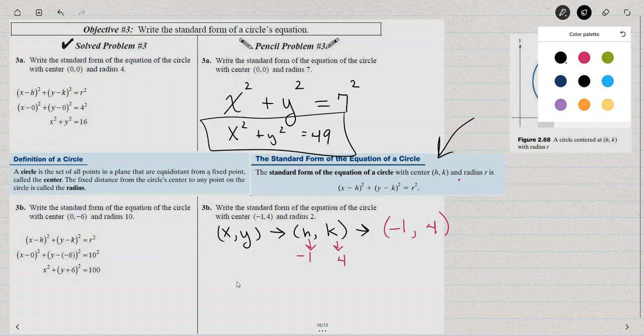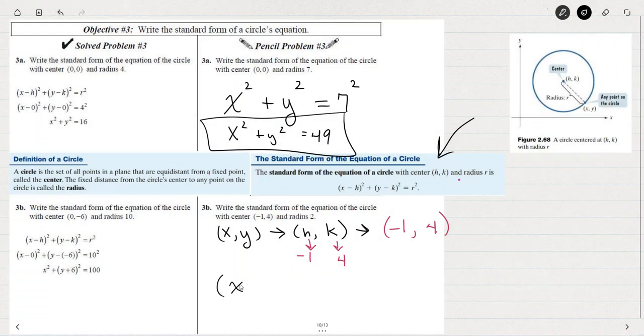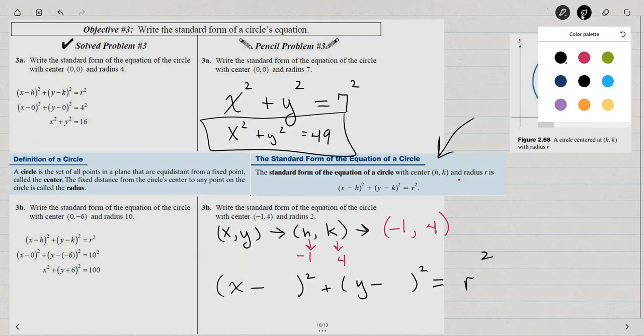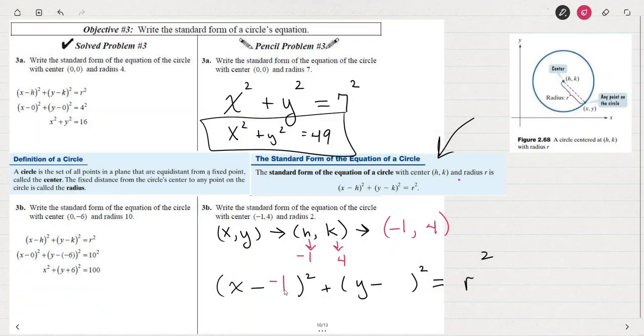So I'm going to write this as x minus -1 squared plus y minus 4 squared, and that's going to equal the radius squared.